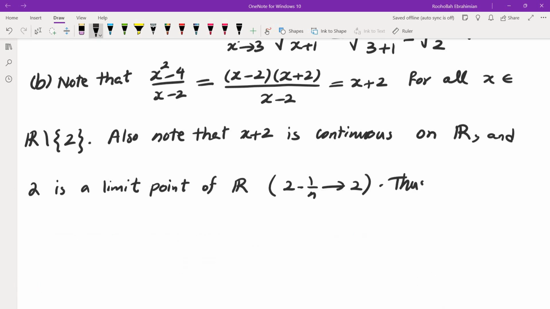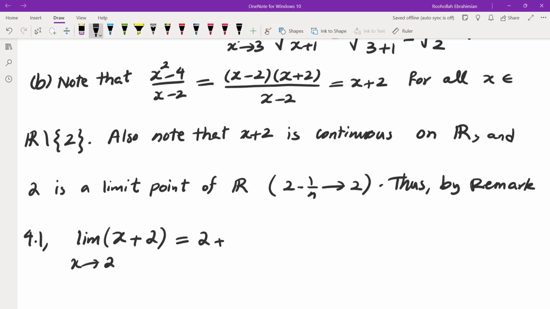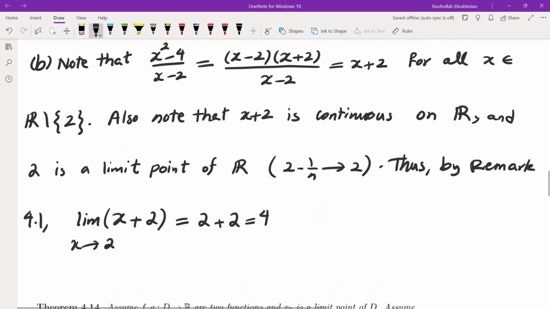Thus by remark 4.1, the limit of x plus 2 as x approaches 2 becomes 2 plus 2, which is 4. So the limit is 4.